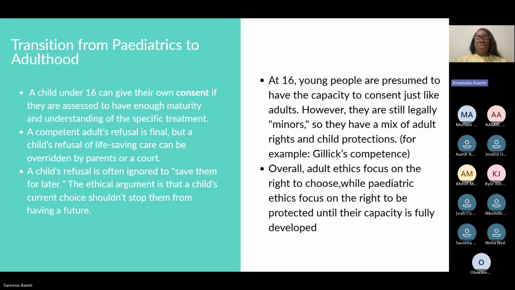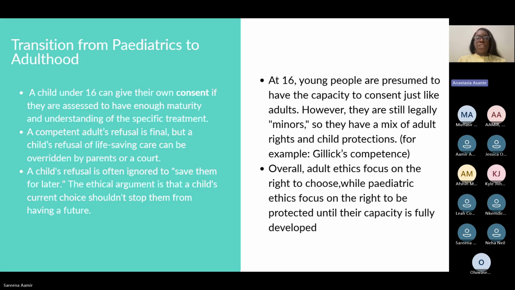It's also important to note that the parents' decision can be overridden too: if the healthcare professionals think the decision isn't in the child's best interest, they can go to court and override that as well. So it goes both ways.